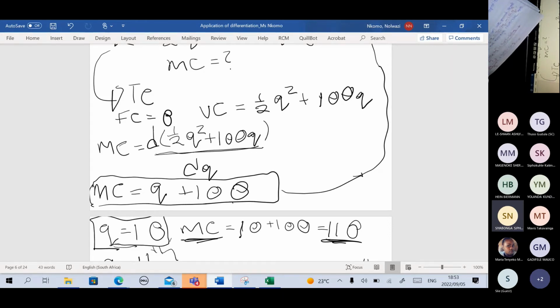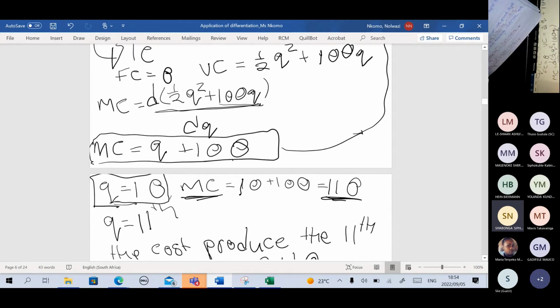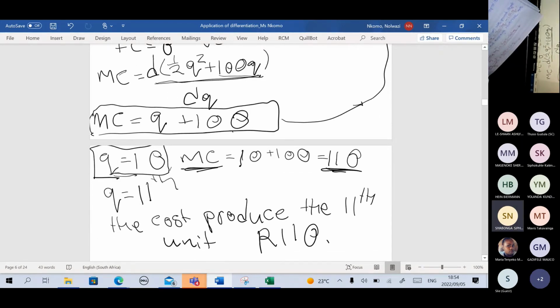I just want to understand how, if the Q comes to the left-hand side, we then say plus, we don't say times. My question is on the right where we have 100Q, because then you came with the answer that says the marginal cost is Q plus 100. I just want to understand how we got that Q plus 100, because I see 100 times Q there at the top.